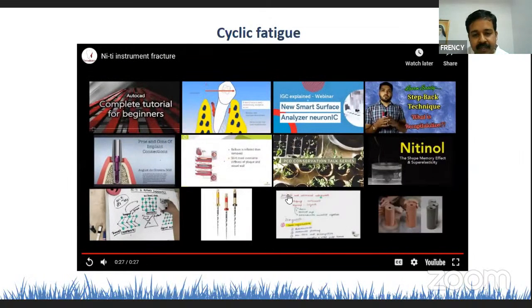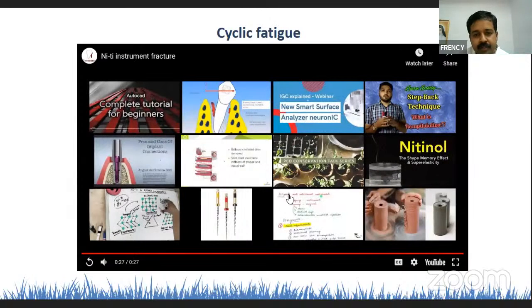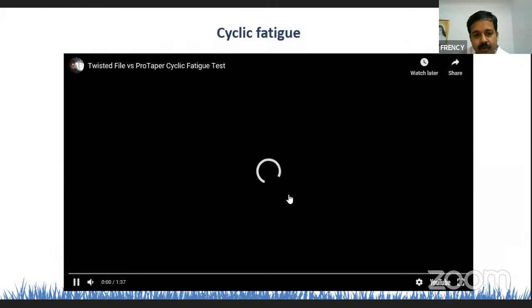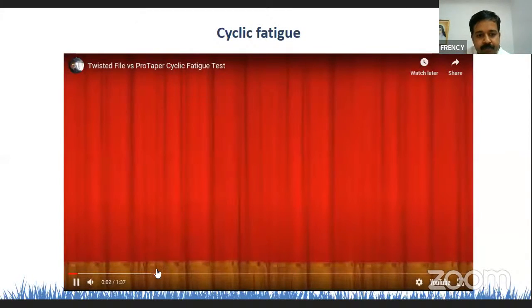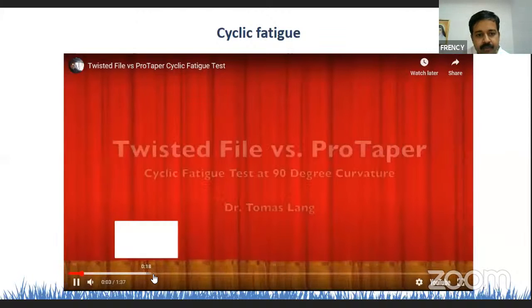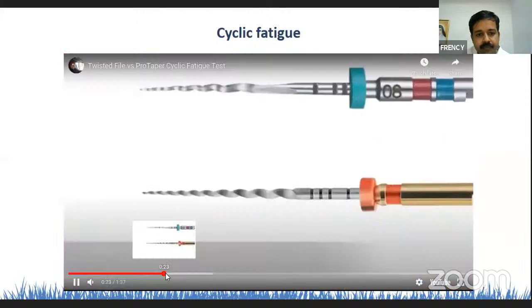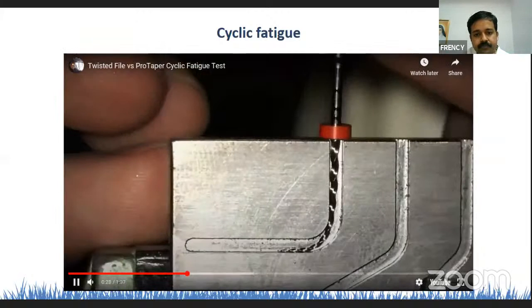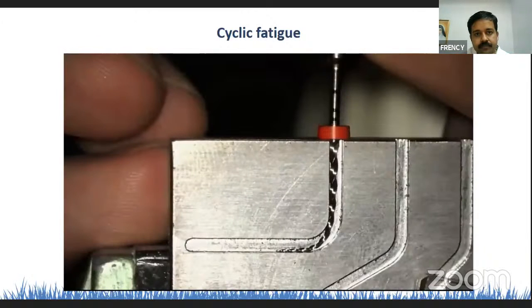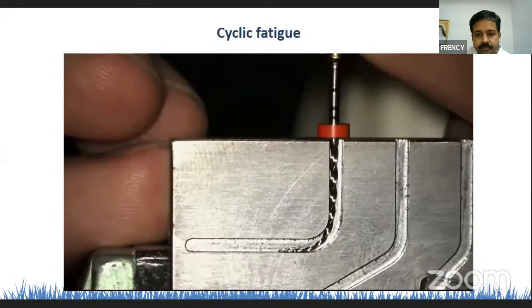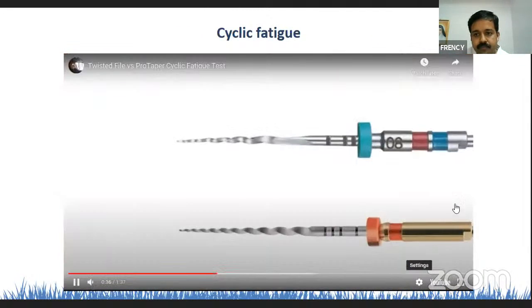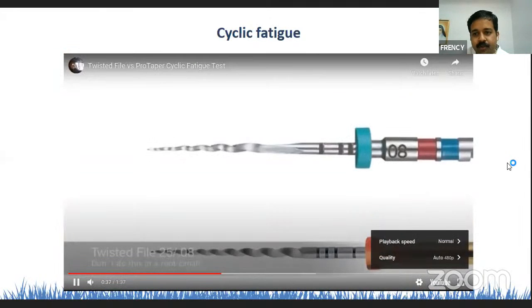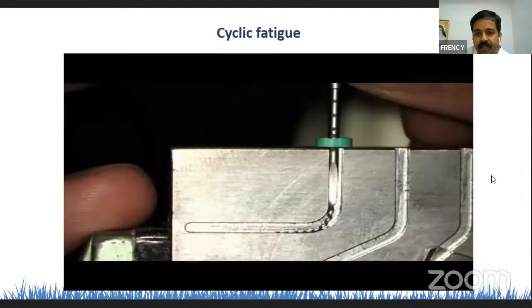This is another picture of cyclic fatigue. When the instrument rotates, tension and compression alternately occur at different points, which may cause the instrument separation. So this is called cyclic fatigue, which is more common in curves.